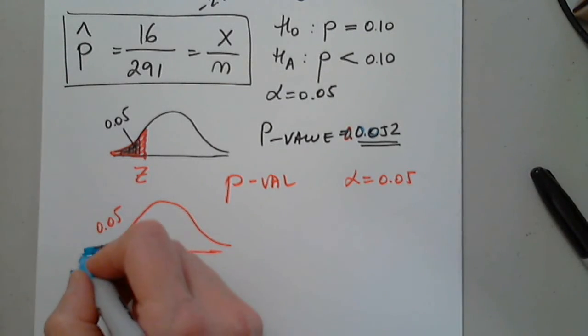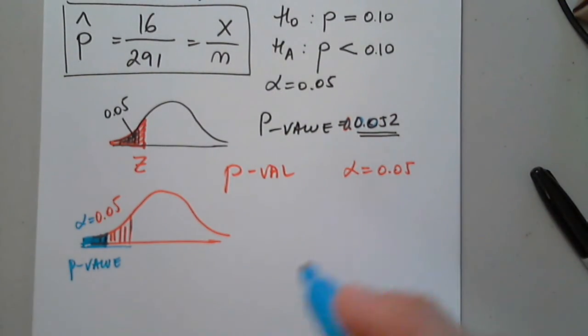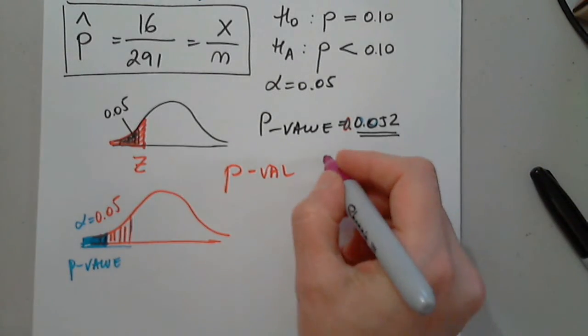This area in the tail is the p-value, and this is alpha. So the p-value is smaller or bigger than alpha, and that will tell us the conclusion. What's smaller? Very good, much smaller.